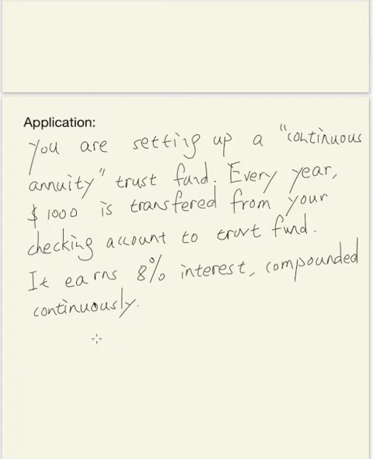Compounded continuously just means you're getting paid interest, and that interest earns you more interest. So it's like a snowball rolling. You get more and more money eventually. And so the question is, what is the balance in your trust fund after 20 years?